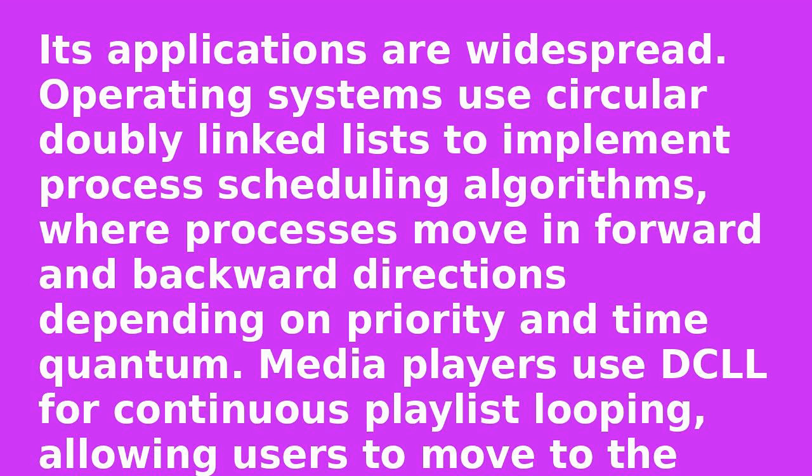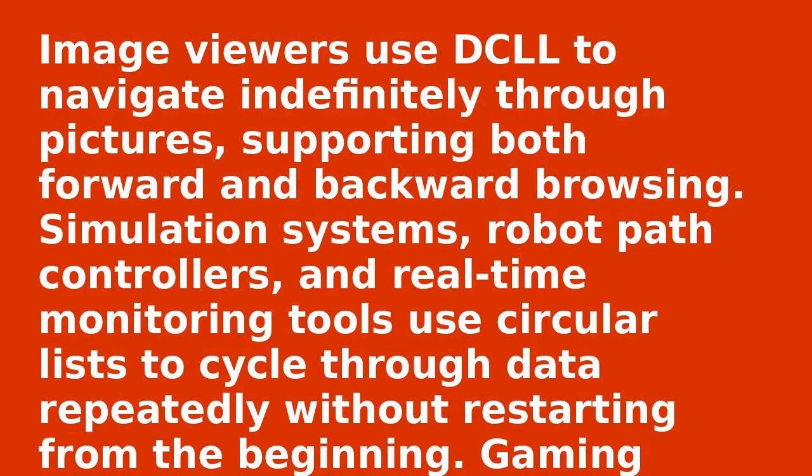Its applications are widespread. Operating systems use circular doubly linked lists to implement process scheduling algorithms, where processes move in forward and backward directions depending on priority and time quantum. Media players use DCLL for continuous playlist looping, allowing users to move to the previous or next song effortlessly. Image viewers use DCLL to navigate indefinitely through pictures, supporting both forward and backward browsing.